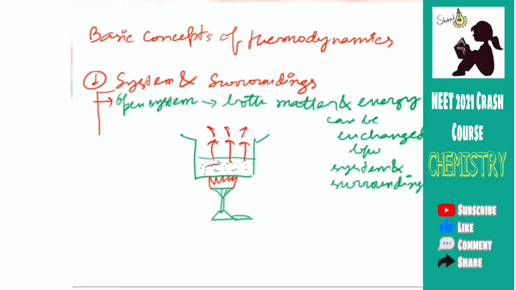So matter of this system is going out, and as we are heating this jar, heat is also going out. So you can see that matter as well as energy is exchanging here between system and surroundings. So it is an open system.